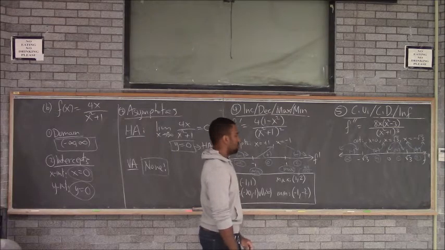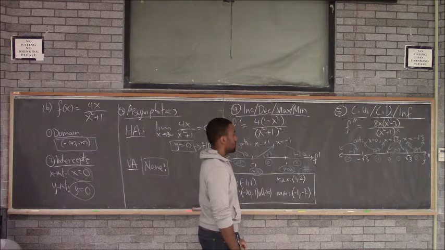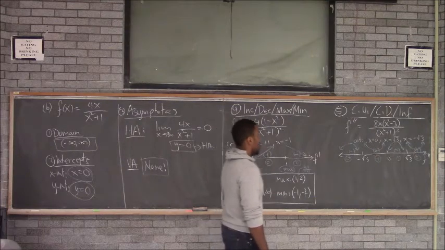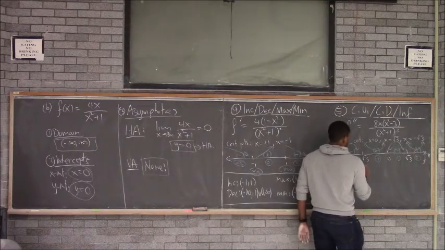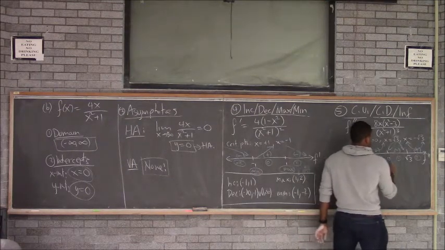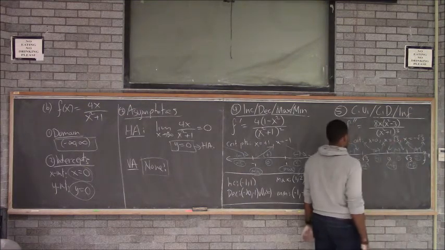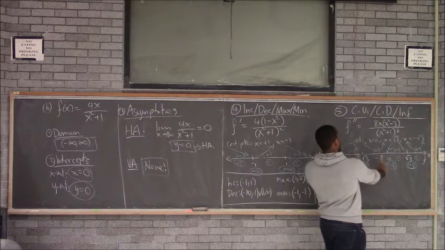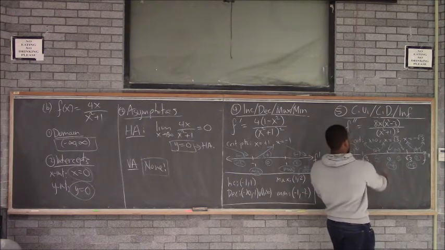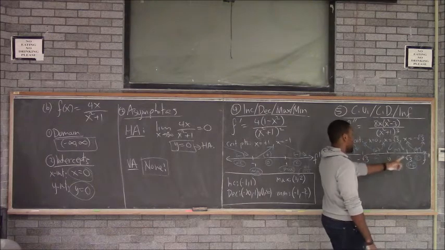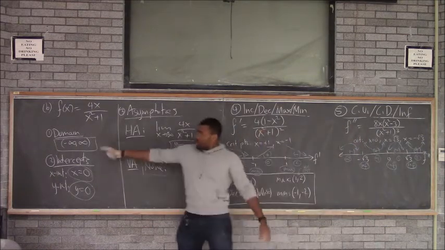Inflections? Isn't that all the critical points? Yeah, we have three of them. That's an inflection, that's an inflection, and that's an inflection. How do I know it's an inflection? Because I changed the concavity. Here it's from negative to positive, there it's from positive to negative, there it's from negative to positive, and these points are actually in my domain.